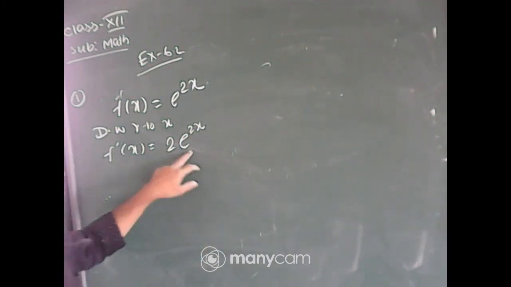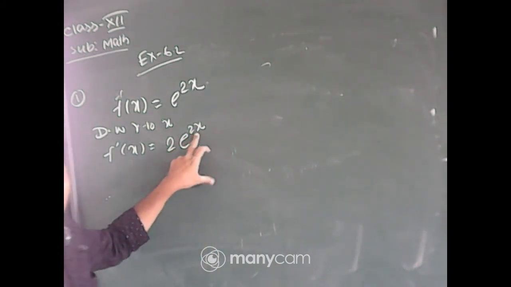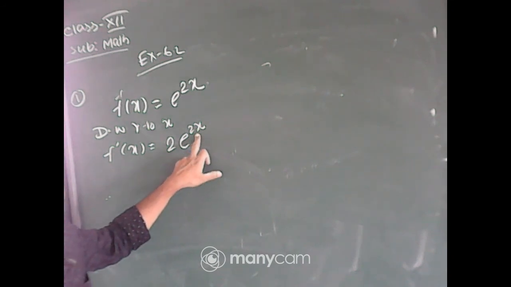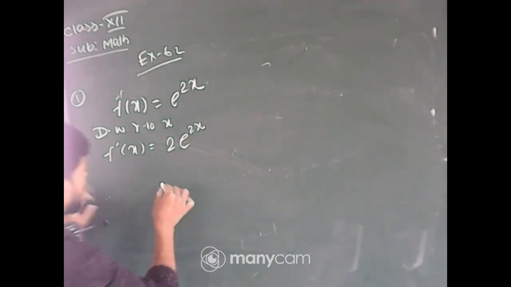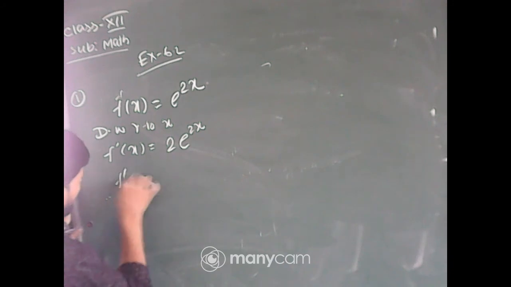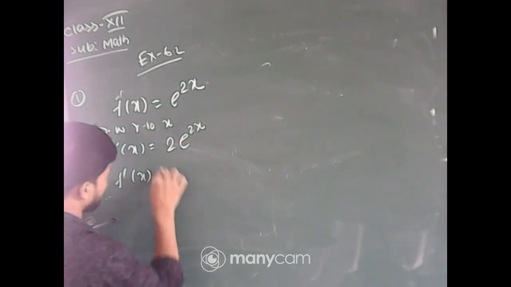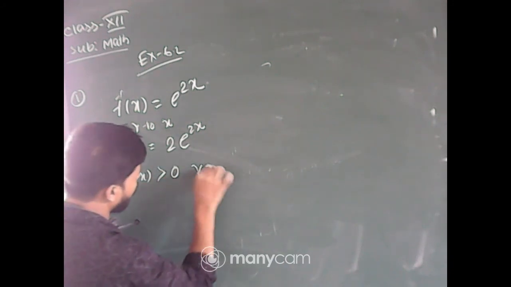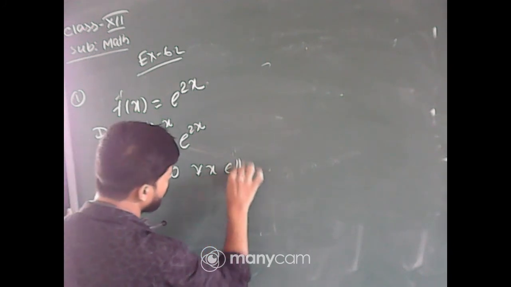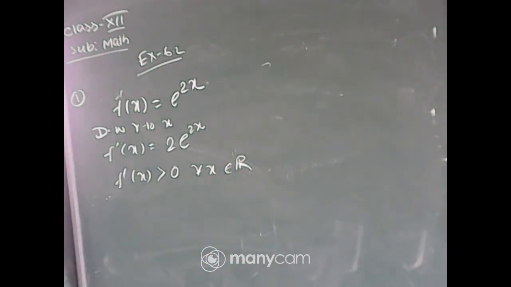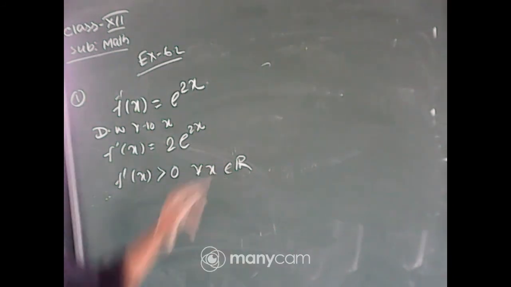And look, the value of e to the power x is always greater than 0 for all x belongs to R. So we can say that f dash x is greater than 0 for all x belongs to R. That means the function is a strictly increasing function on the real numbers.